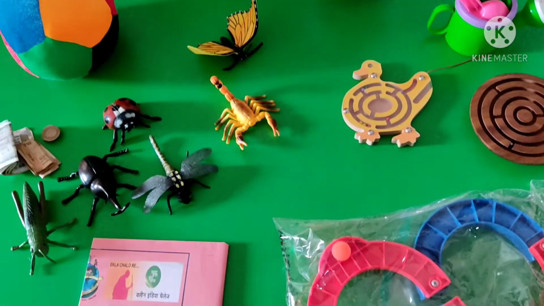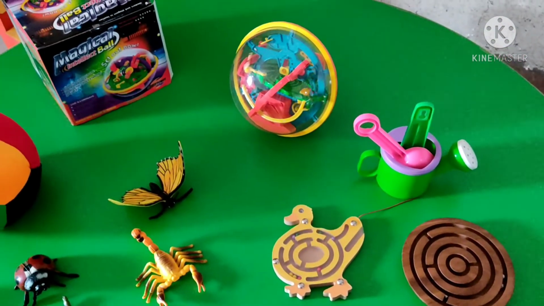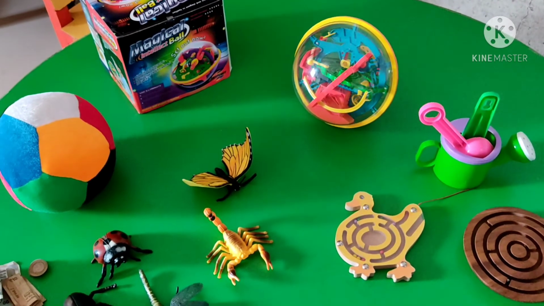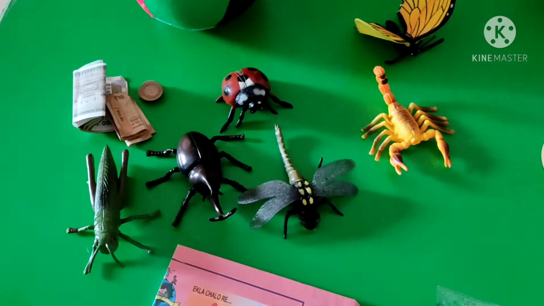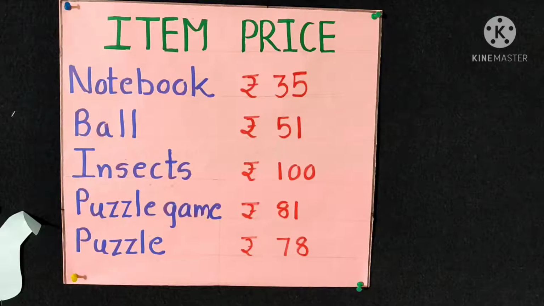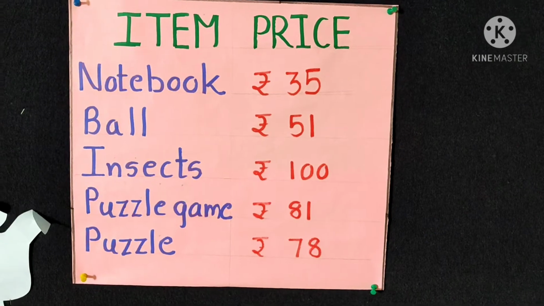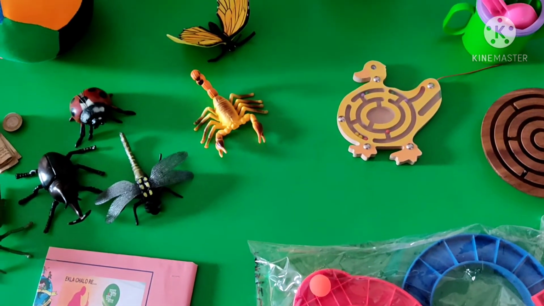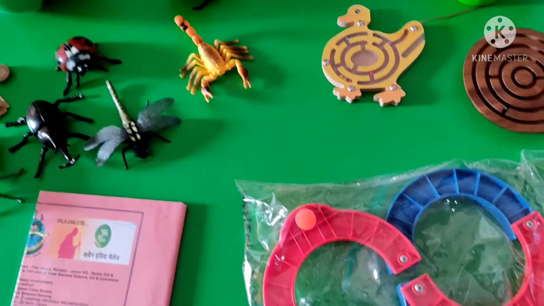Children, today we are going to play the market game. Here we have real notes and coins, and this is the price list. Here I am the shopkeeper and Priya wants to purchase something.